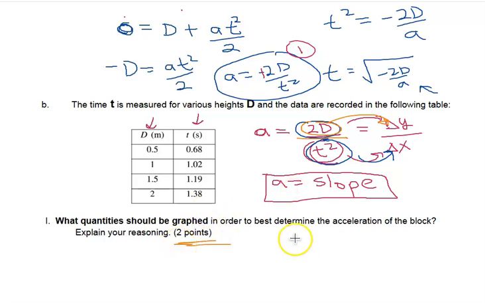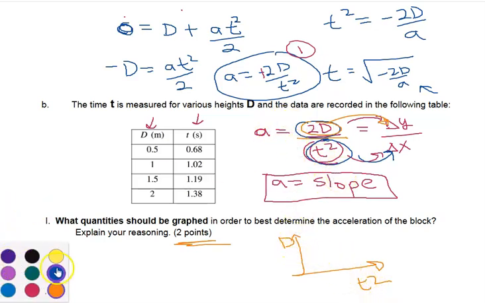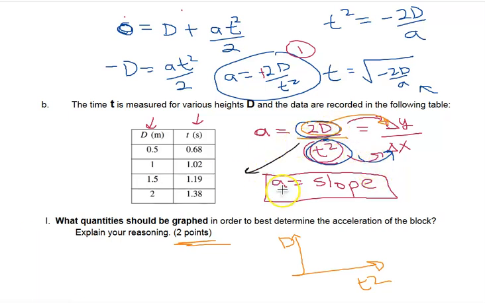Okay, and there's more than one way you could do it. You could graph D versus T squared, and then you can also compare this to the equation of a line.